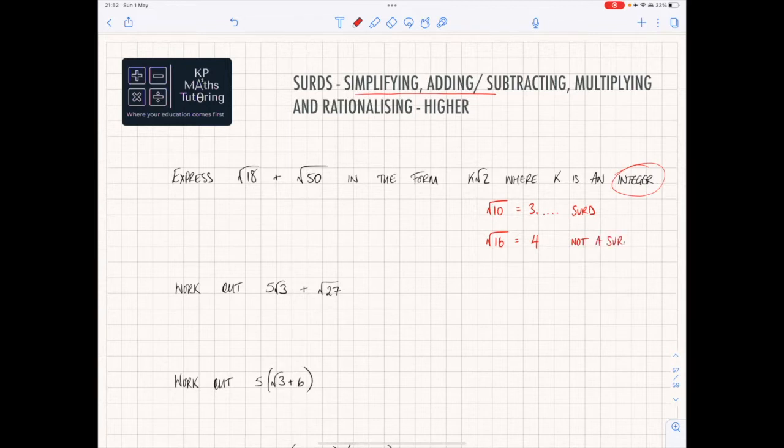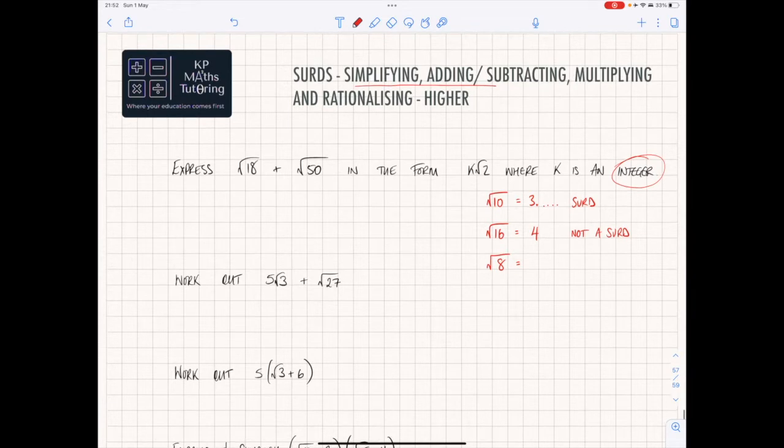Okay, now there's a few things you need to be aware of with that. There are certain numbers, like root 8 for example, that can actually be simplified. So you need to think to yourself, does a square number go into this number? In this case, if we do our factors of 8, it's 1 times 8 and 2 times 4.